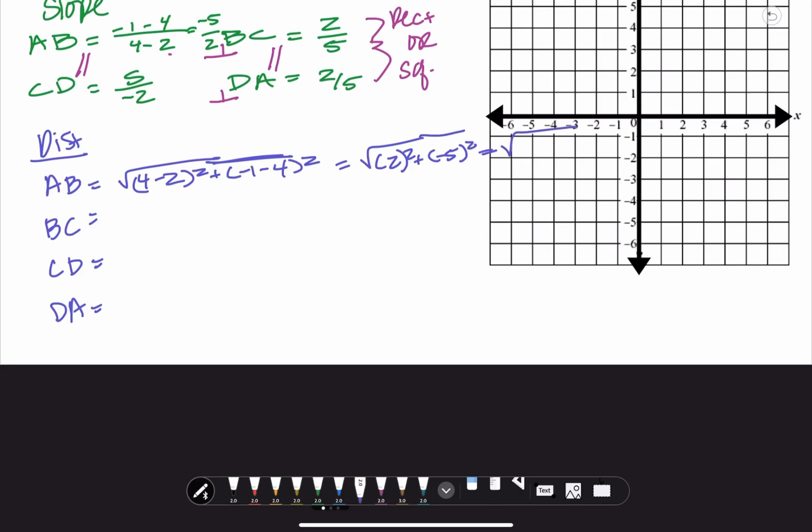Okay? Then we've got 4 plus 25, which is the square root of 29. And if you kept checking all of them, you got that each of these were the square root of 29. That means all of your sides are congruent. So yes, this shape right here is going to be a square.